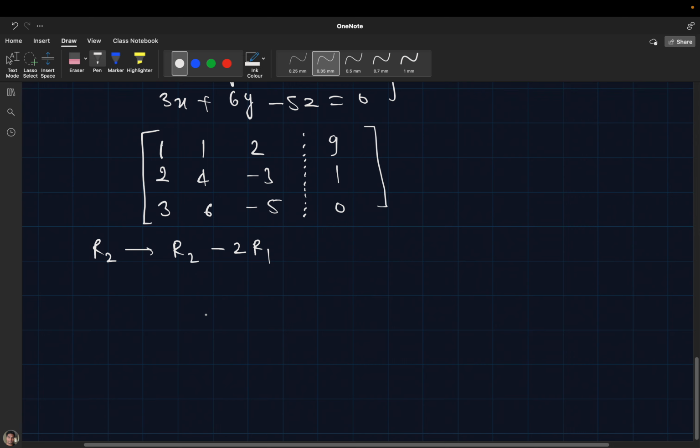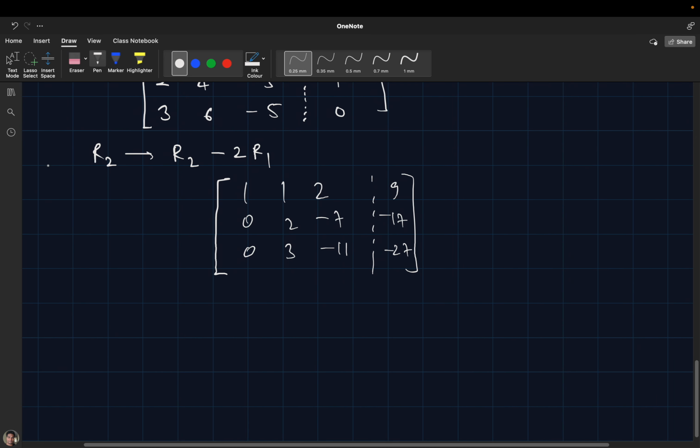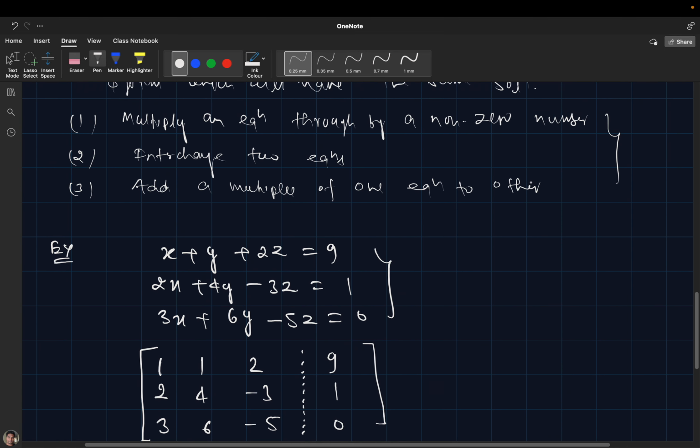So what will be the new matrix? Can someone tell me? The new matrix is 1 1 2 9, 0 2 minus 7 minus 17, 3 6 minus 5 0. So this is the first operation. And what kind of elementary row operation did I do? This one.